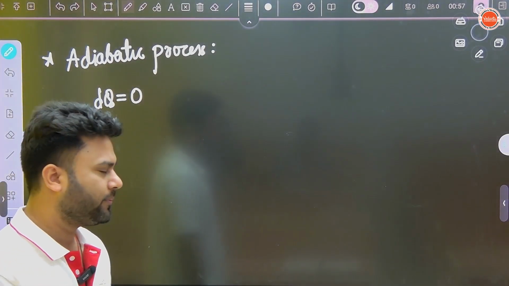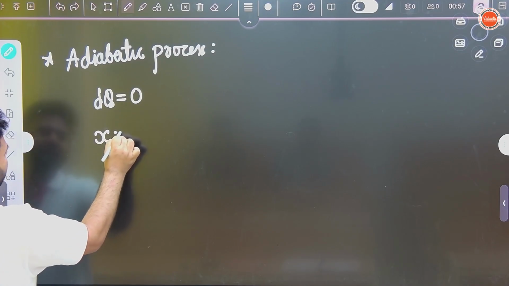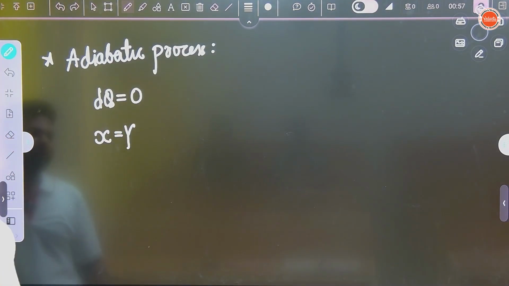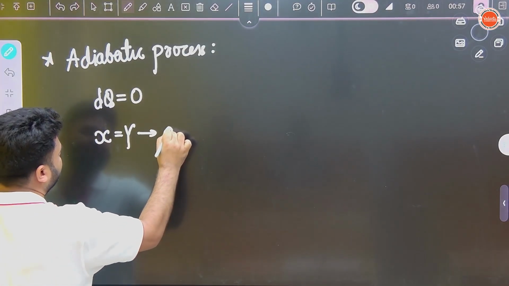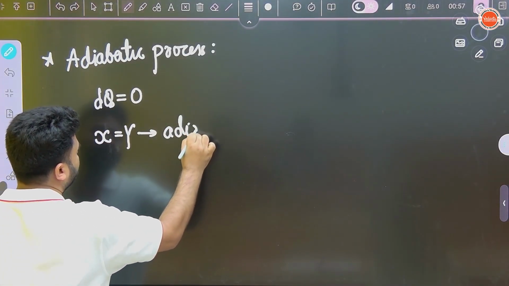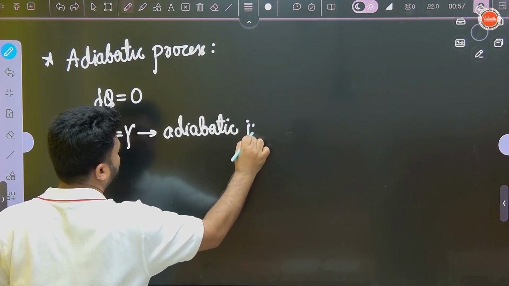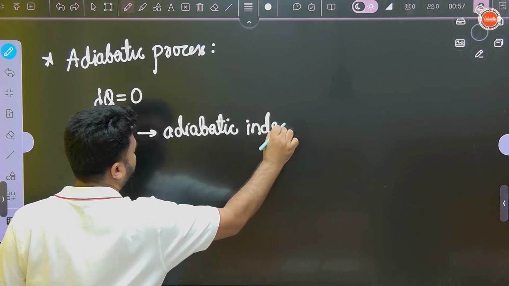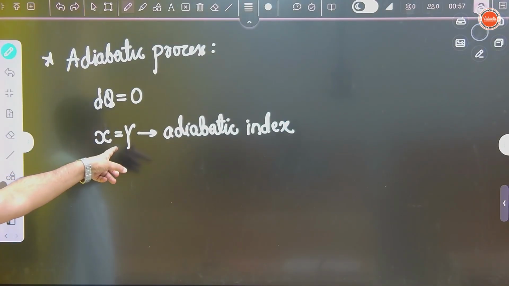Adiabatic process. Here, x we write as gamma. Gamma is called the adiabatic index. This index value is equal to gamma.